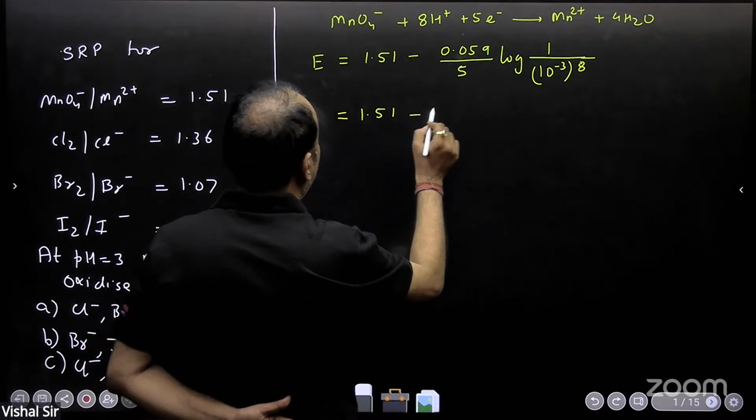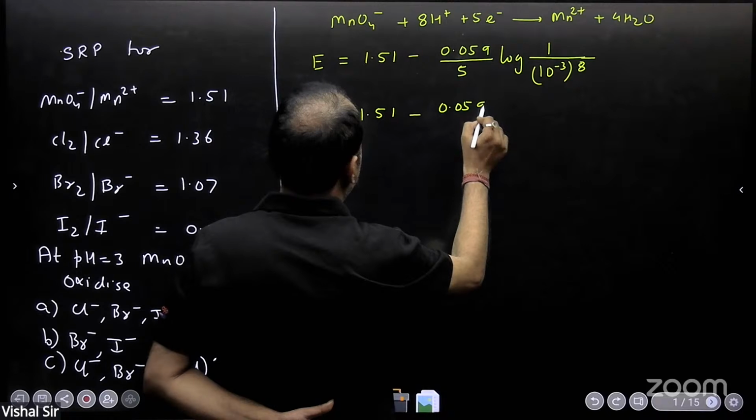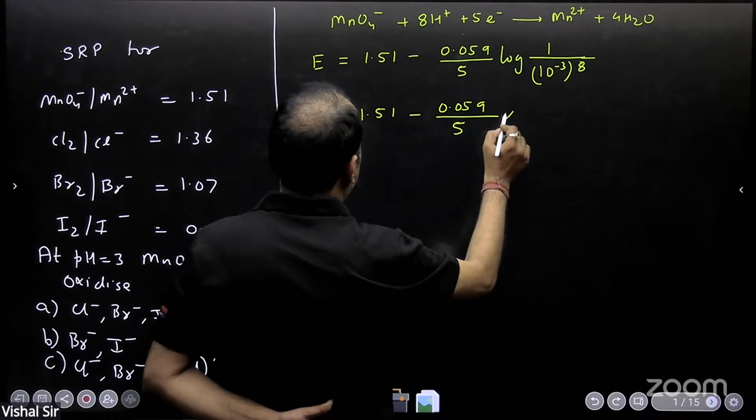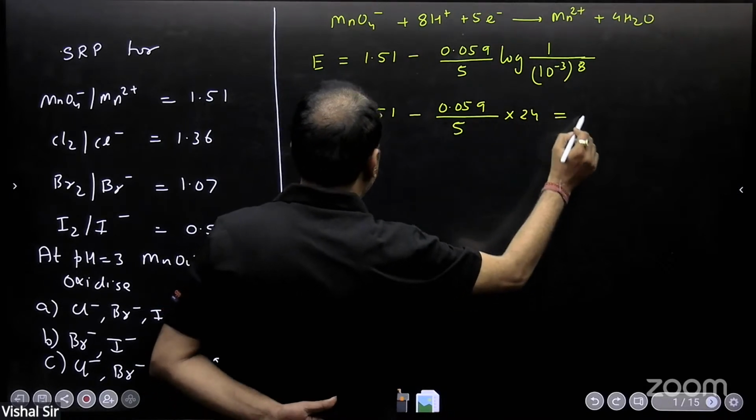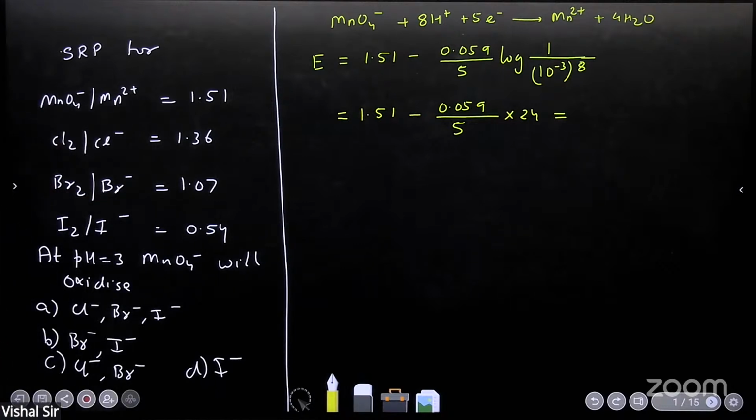That is 1.51 minus 0.059 by 5 into 24. Okay. So let's calculate this value. How much will this value come?